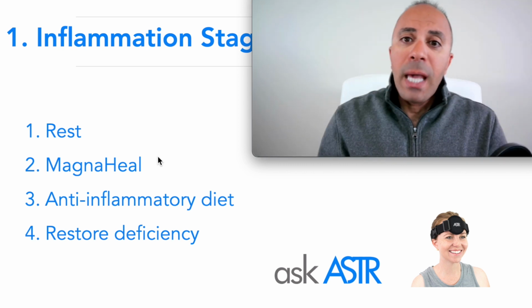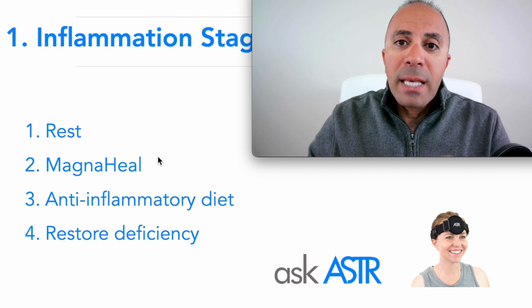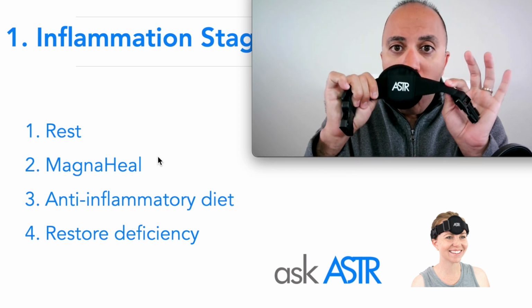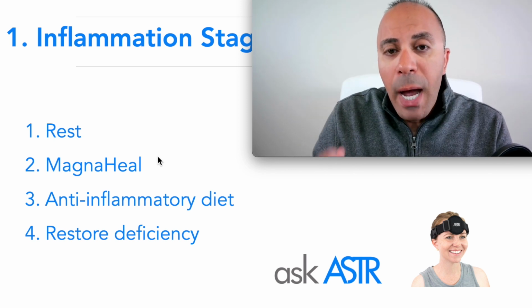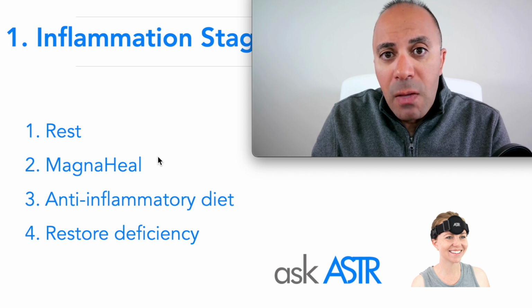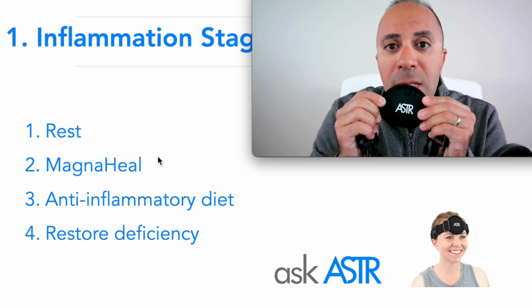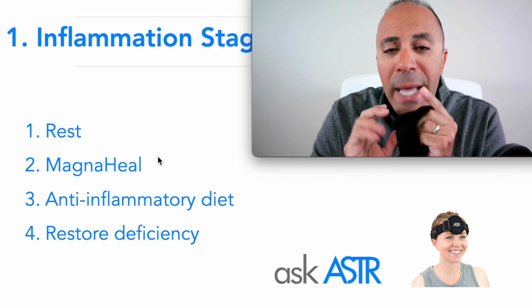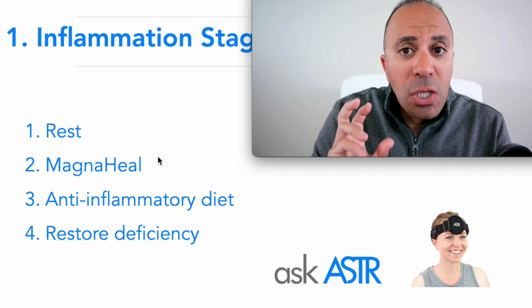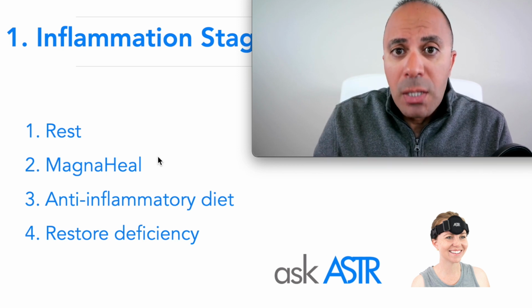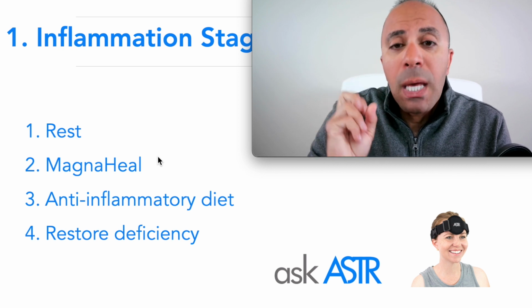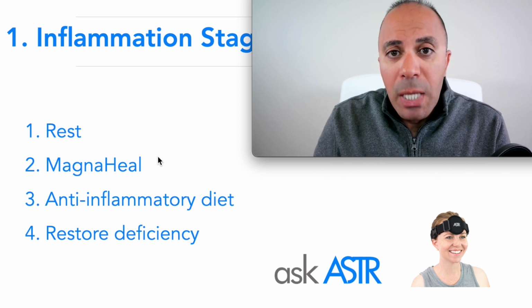The second thing, and what I personally use, is I give my patients the Magna Heal Pro to wear throughout the day or night to decrease inflammation. This magnet is very strong. When we measured the magnetic field, it was around 3 inches, so it can penetrate the body 3 inches in depth, so it will decrease the inflammation.